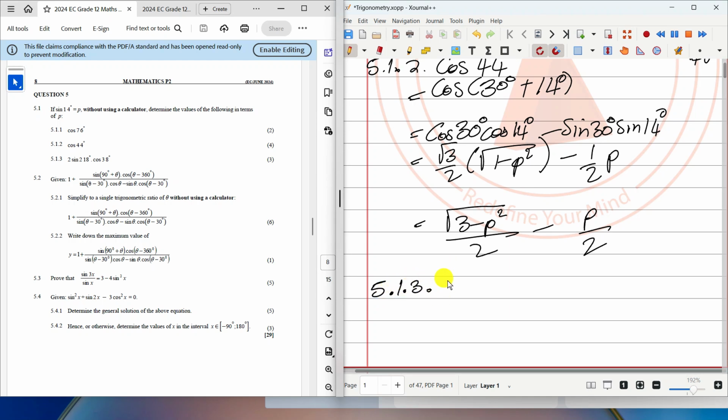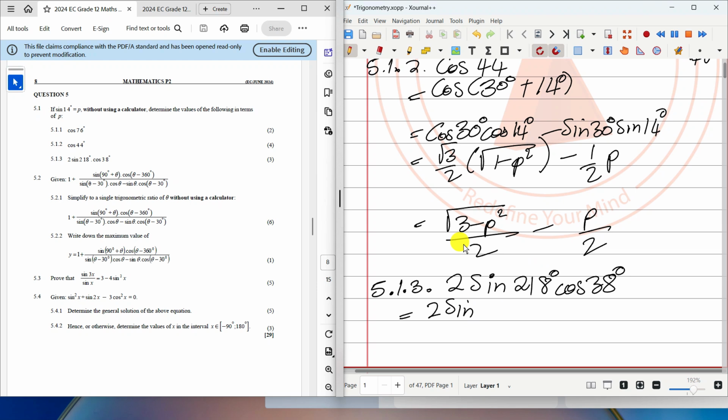Now, 5.1.3 says you need to determine 2 sine 218 degrees cos 38 degrees. So sine 218 is in the third quadrant. In the third quadrant, work with 180 plus.